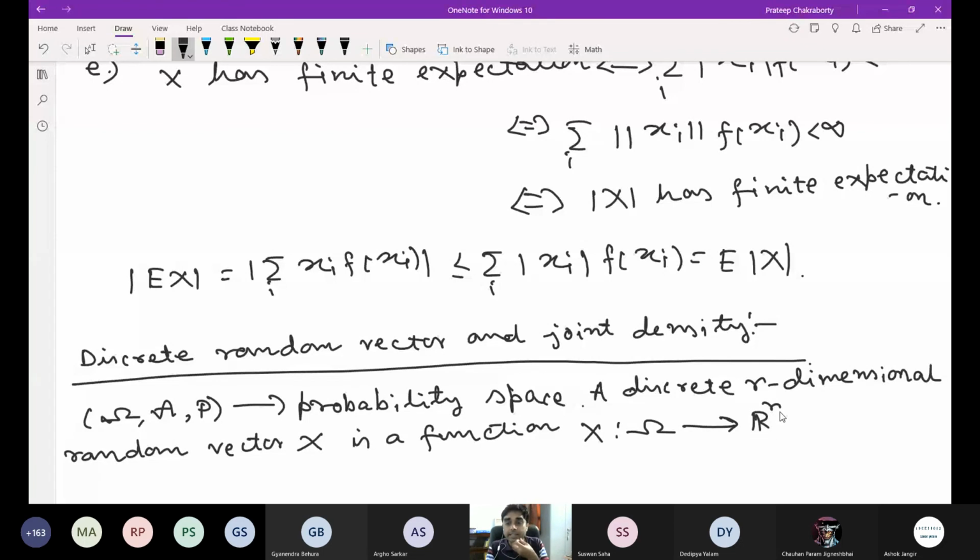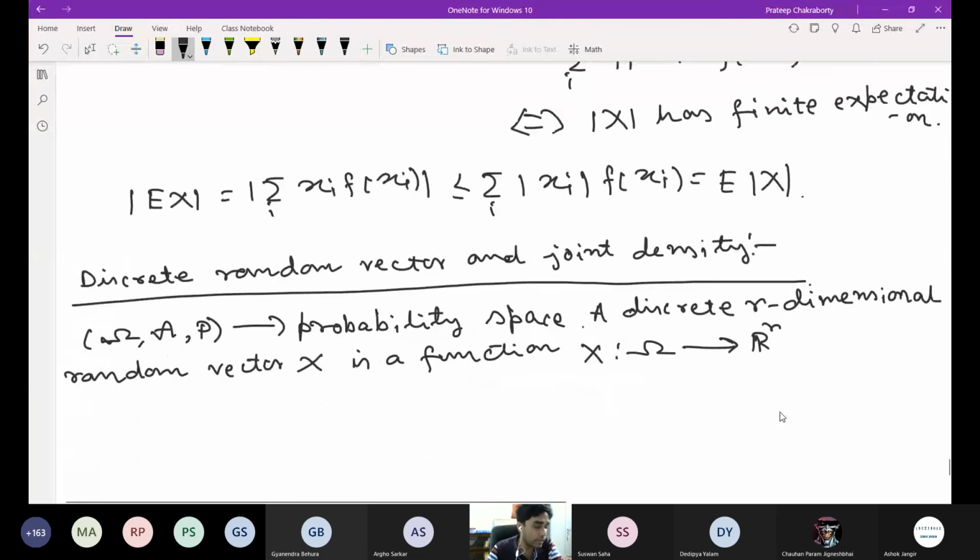Previously you were taking R, the real numbers. Here you are taking R power r. Everything else is the same.